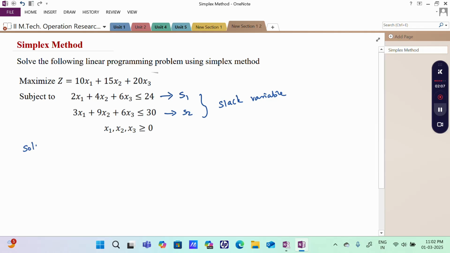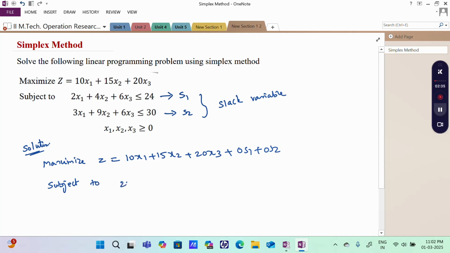Now the canonical form. Maximize z equal to 10x1 plus 15x2 plus 20x3 plus 0 s1 plus 0 s2, where the s1 and s2 coefficients are 0, subject to the constraints 2x1 plus 4x2 plus 6x3 plus s1, one slack variable per equation, equal to 24, since the less than or equal to is written as equality in the canonical form.